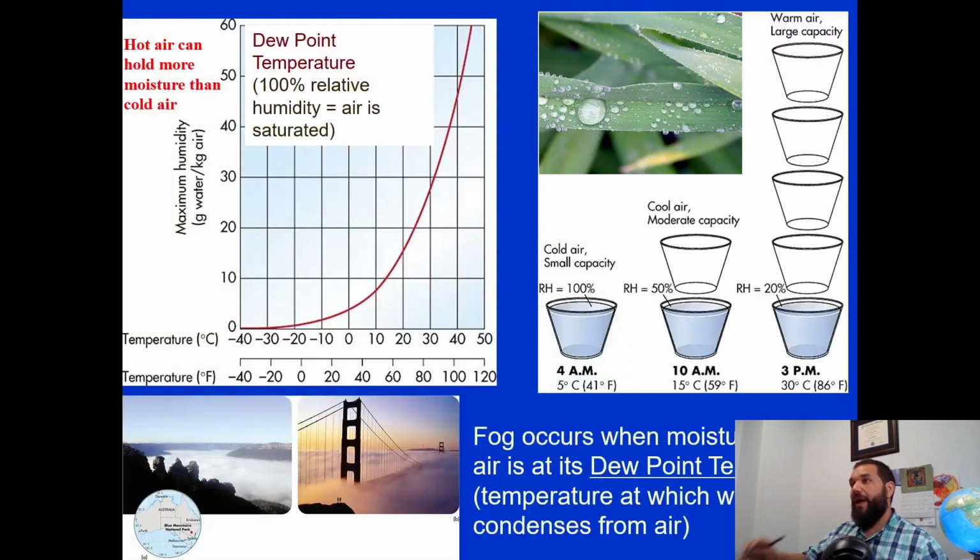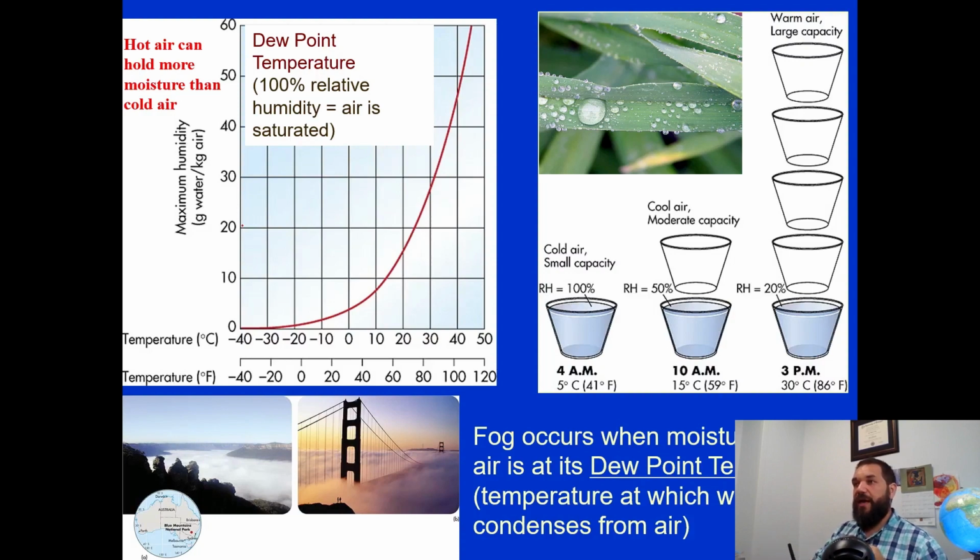So anyway, when air reaches the dew point, it's going to start condensation. What is the dew point? The dew point is the temperature at which a parcel of air with a given specific humidity will start to condense, okay?